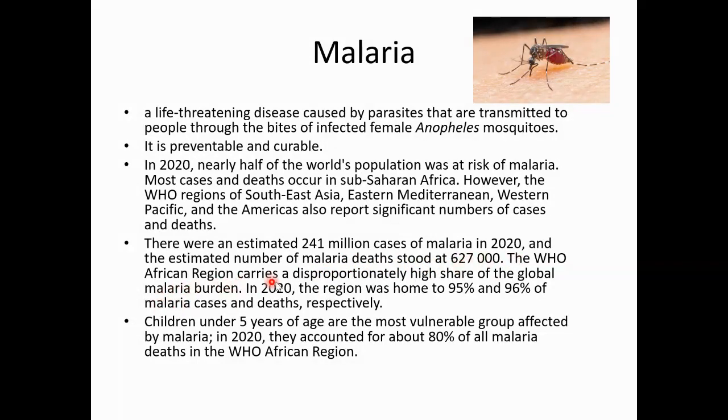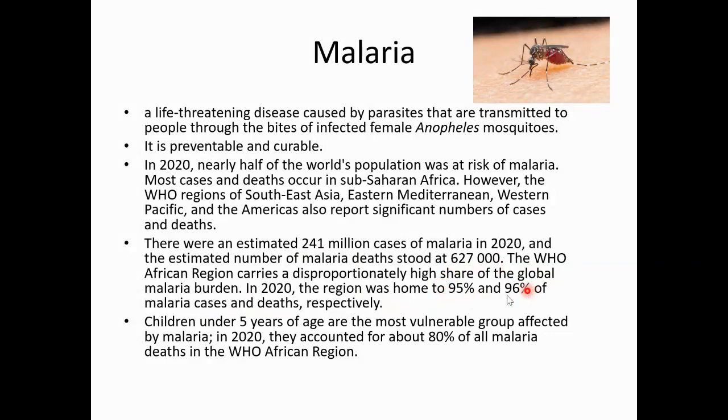The WHO African region carries a disproportionately high share of the global malaria burden. In 2020, this region was home to 95 and 96% of malaria cases and deaths, respectively.